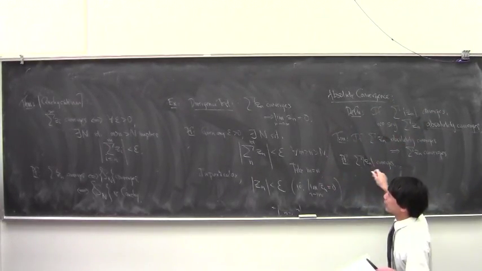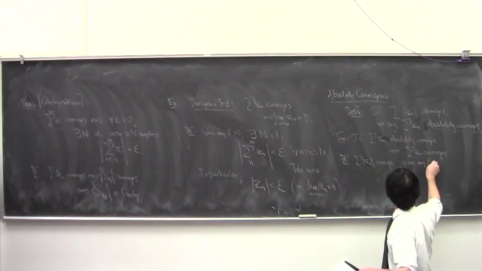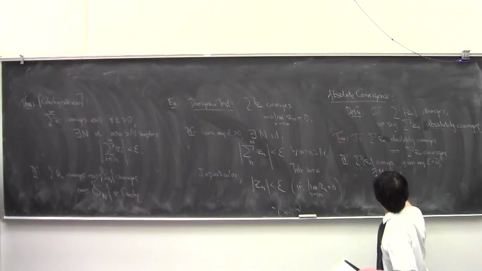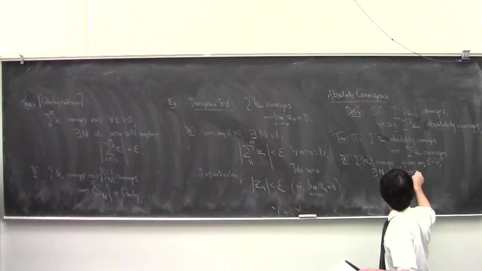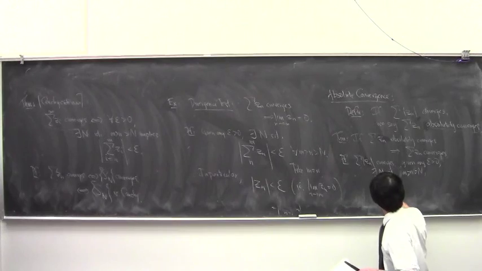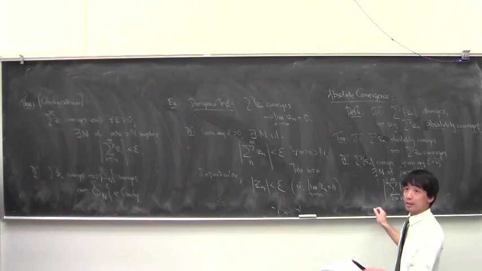well, then by the Cauchy criterion, given any epsilon, there's a time such that if you're past that time, then the sum of the tail is smaller than epsilon.